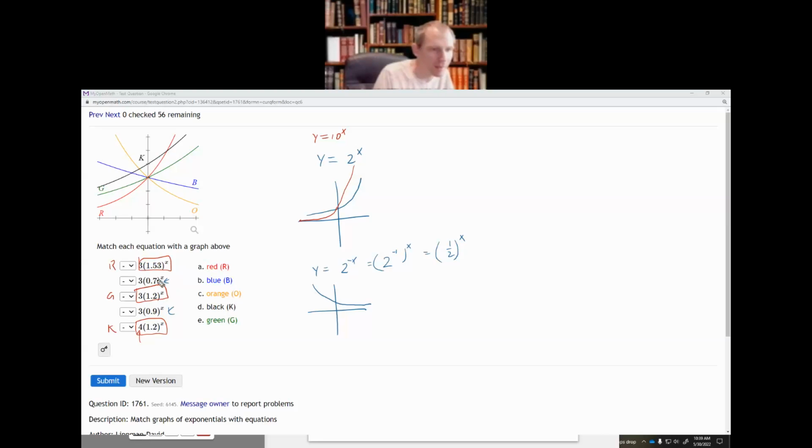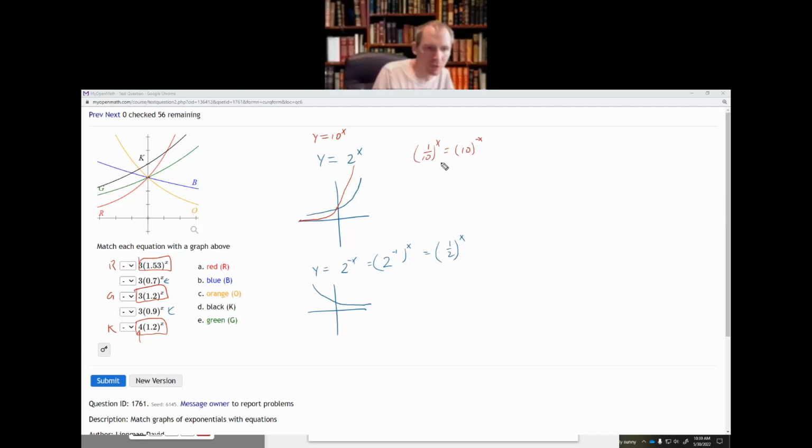Okay. And then these ones with a base that are smaller than 1 are going to be the ones sloped down. Okay. And it's kind of the same thing, right? 1/2^x is like a 2^(-x). Okay. And if I took (1/10)^x, that would be like a 10^(-x). Okay.